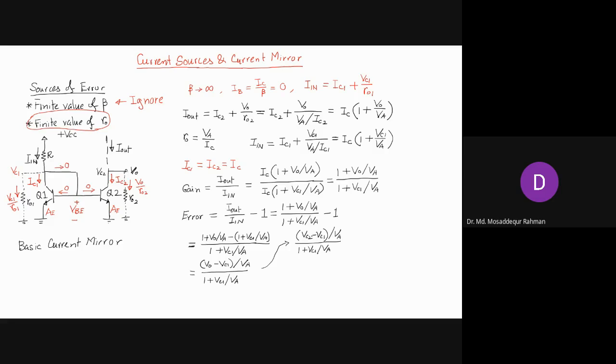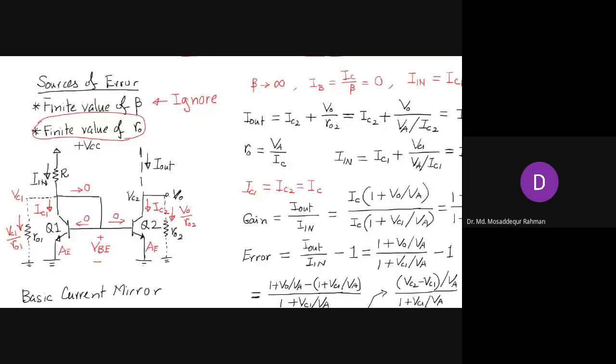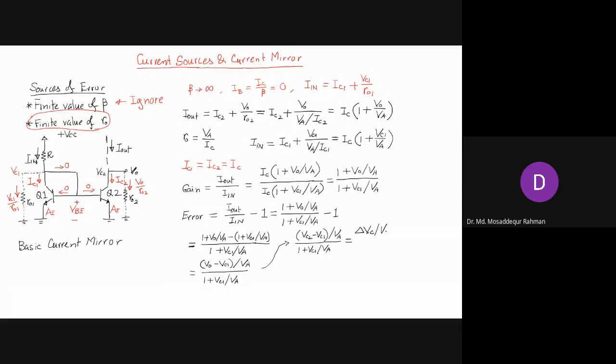I have written it in this form because it makes it easy to remember. And VC2 minus VC1, the difference between these two collector voltages, you can write as del VC, del VC by VA.